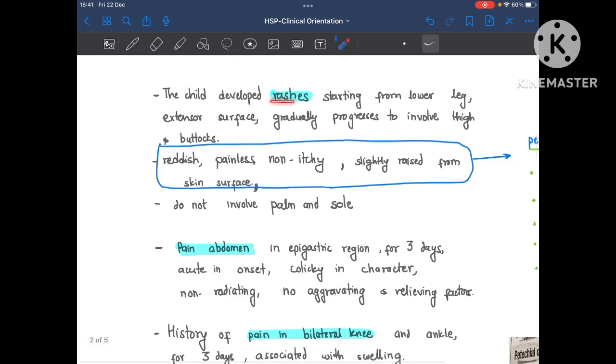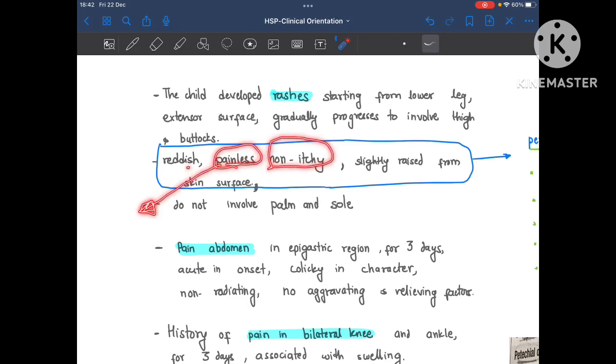Now we will deduce the history here. The rash starts from the lower leg on the extensor surface, which is characteristic, and gradually progresses to involve the thigh and buttocks. It is reddish, painless, non-itchy. What does it indicate? When will the rash be painful?